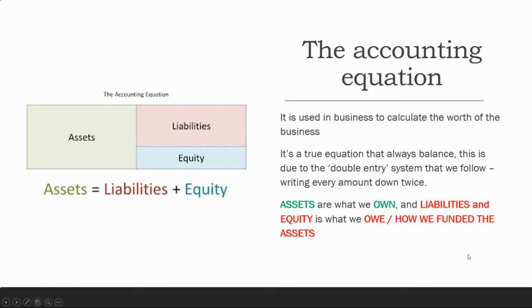With a double entry system, what happens on the debit side should always have an equivalent entry on the credit side.